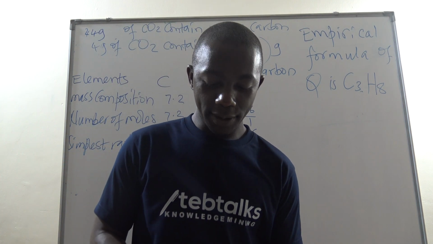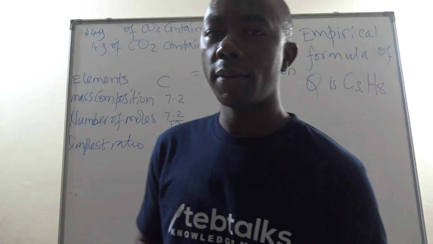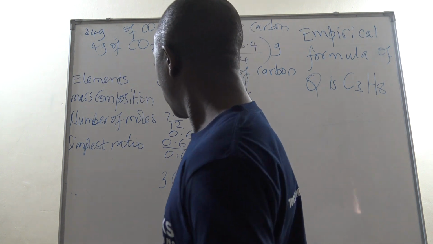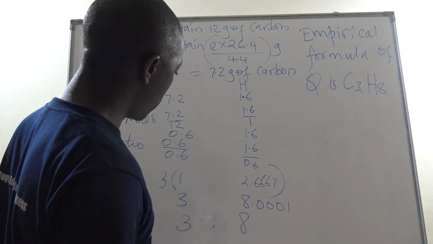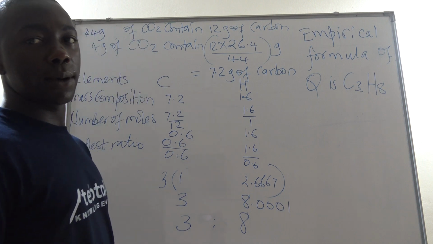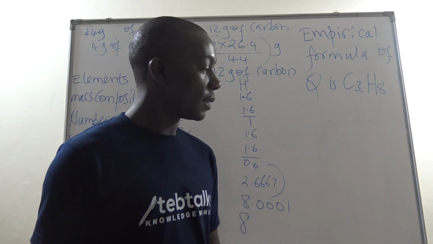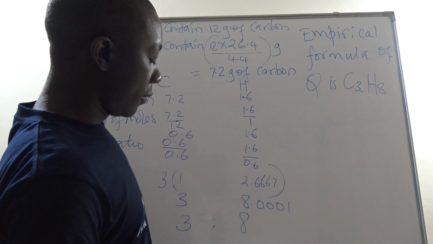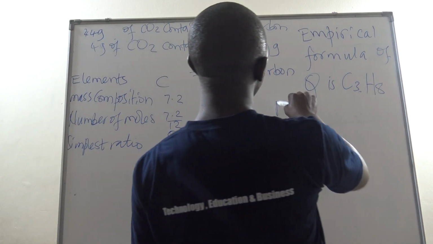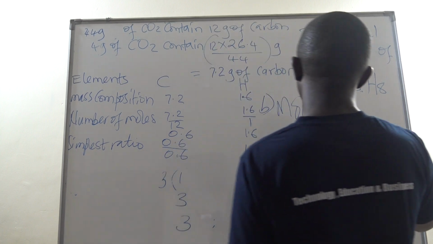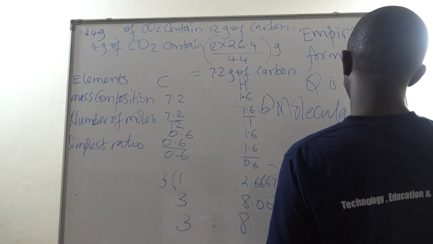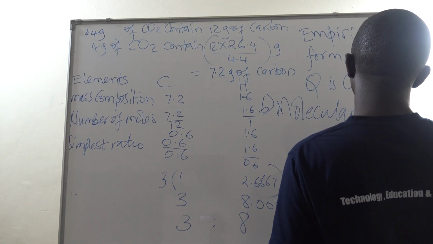Okay, welcome again. We are still proceeding with our question, and we have so far obtained the empirical formula. We now wish to advance and look at how to get the molecular formula.